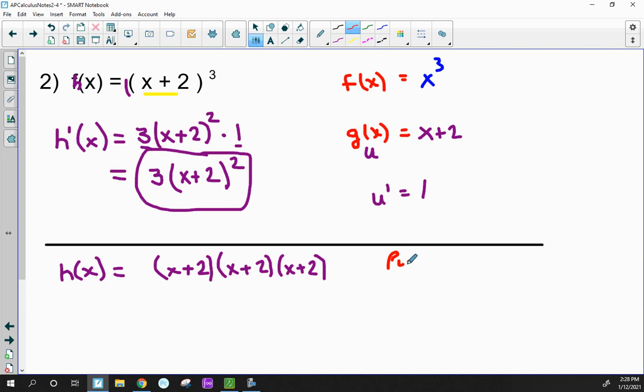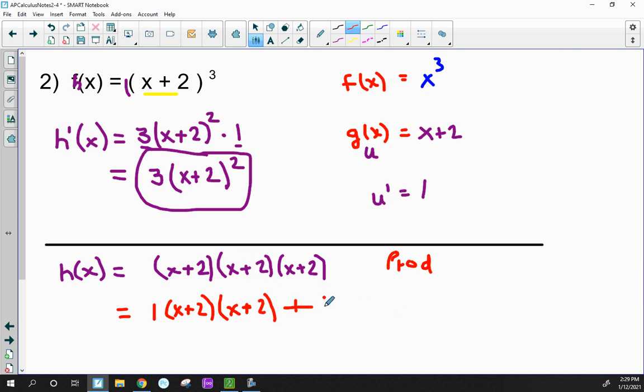If you're using the product rule from the last section, you know to find the derivative of the first. This piece would just be 1, and multiply it by the other functions. Then you would go to the middle and say, what's the derivative of this?